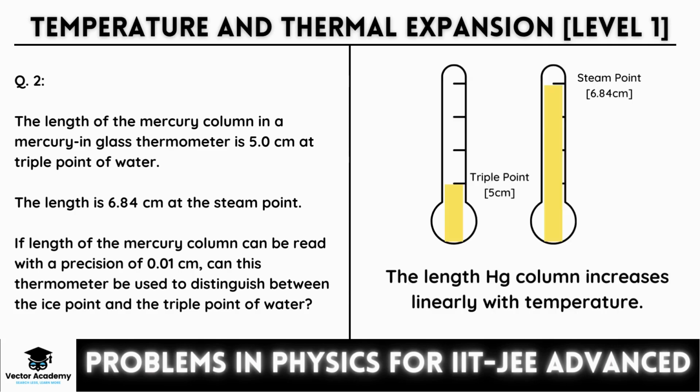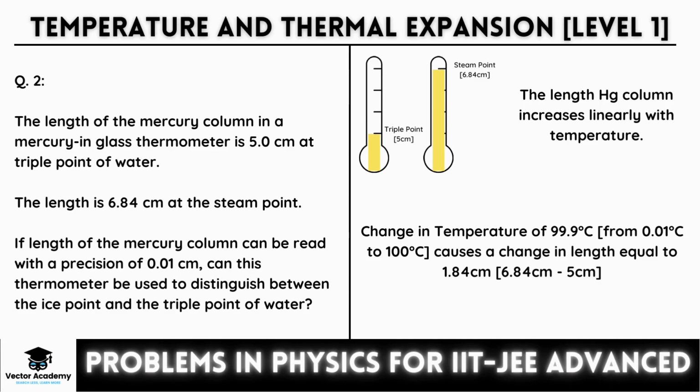The length of mercury column increases linearly with temperature. In the given question, it is 5 cm for the triple point of water, that is 0.01 degrees Celsius. And it is 6.84 cm for the steam point of water, that is 100 degrees Celsius.